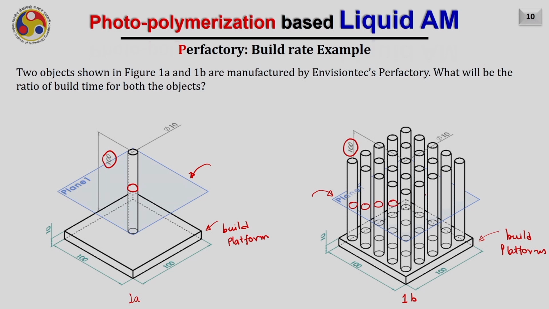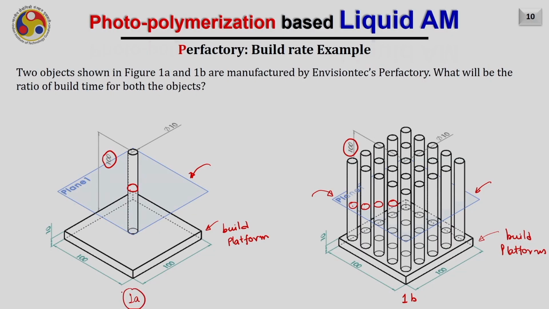But you can notice, even if it is a single circle or if there are multiple circles on a slice, it does not matter. It will take the same time, because the light is coming from the bottom as a floodlight, and will just block the light where it is not required, and will not block the light where it is required. Even if you are scanning a small circle or multiple circles on the same slice, it will take the same time.